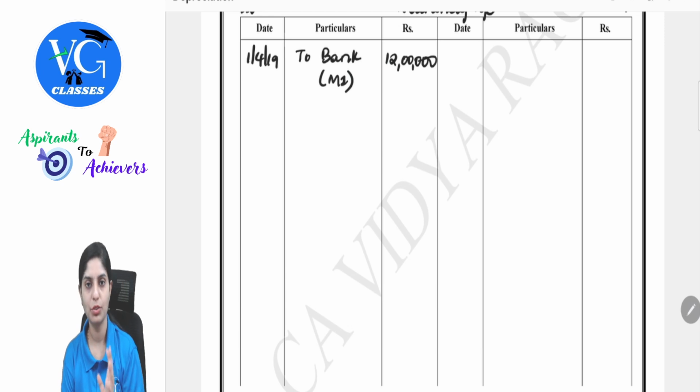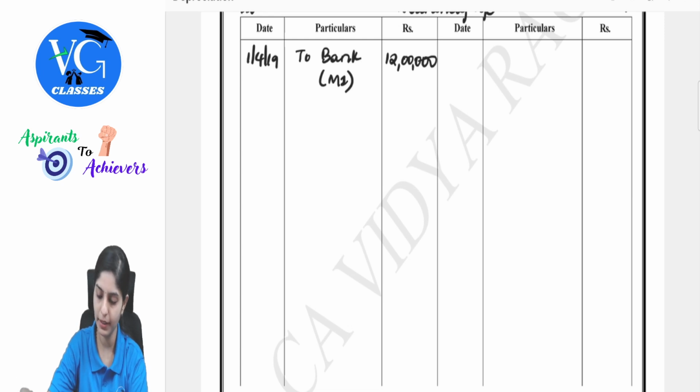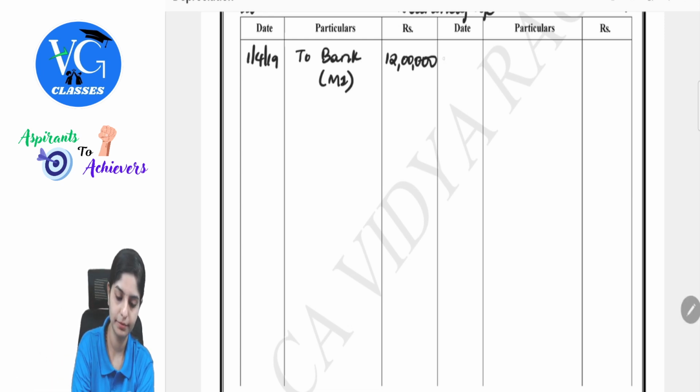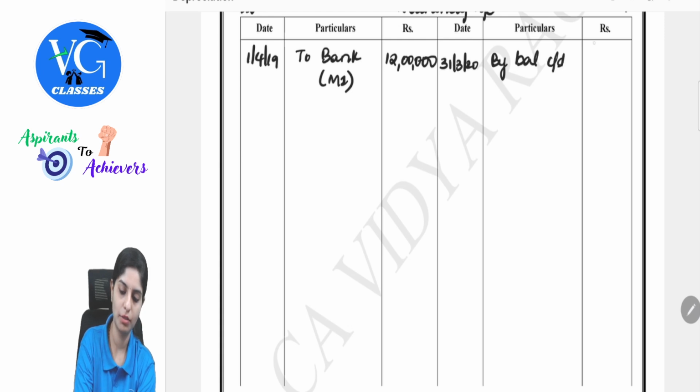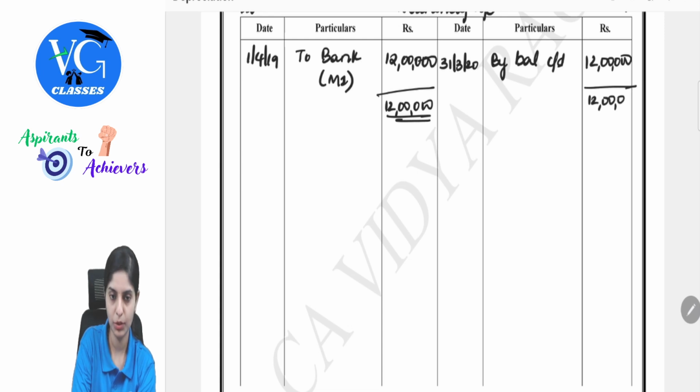Since this will be shown at historical cost, no treatment of depreciation will be recorded here. So to bank, 31st March 20, by balance carried down 12 lakh.